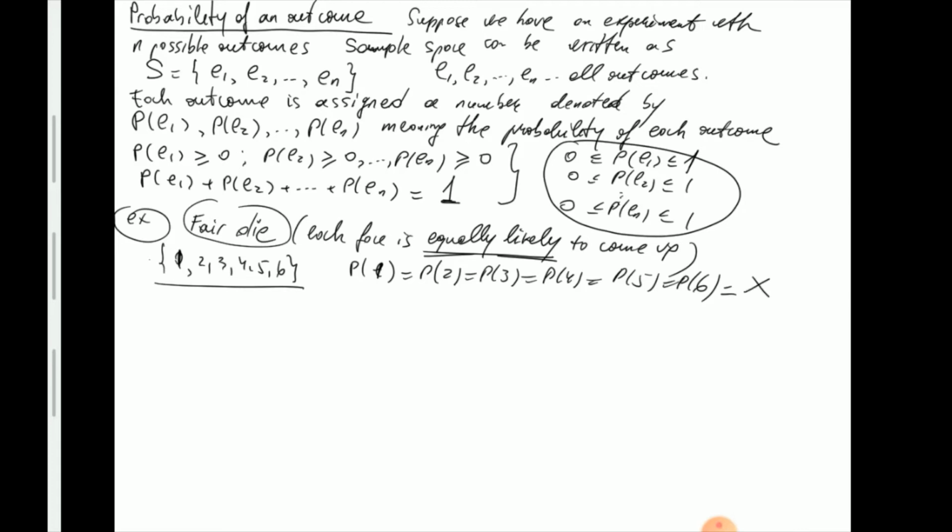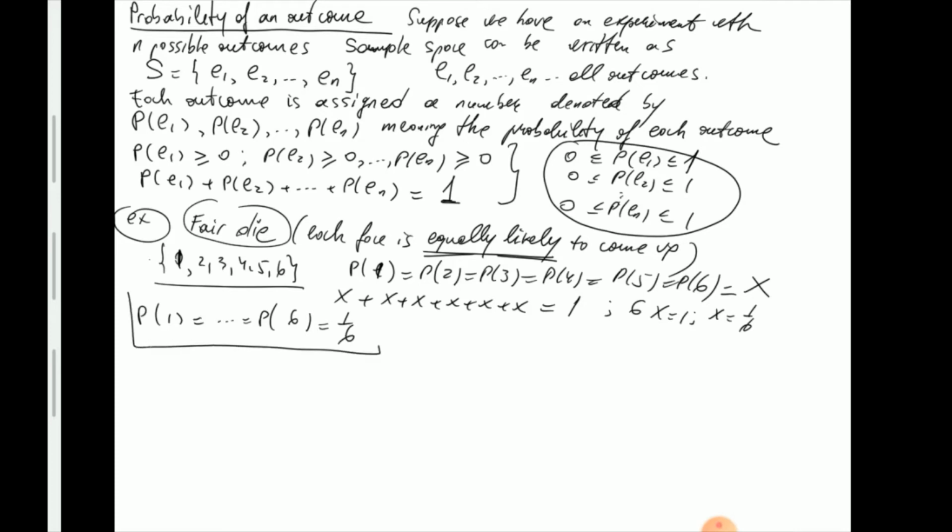Let's call it X. But to be a valid probability assignment for this model, the sum of all 6 of these probabilities should be equal to 1. So that means 6x equals 1, x equals 1/6. So there you go. That means the probability of each of them should be 1/6, as you knew already.